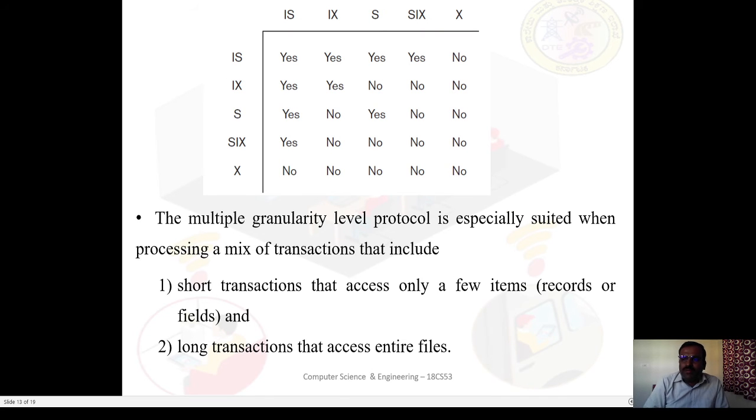This is the compatibility table of the three intention locks. What is IS here? Intention shared. IX means intention exclusive. S means shared. SIX means shared intention exclusive. X means exclusive. This is the compatibility table.